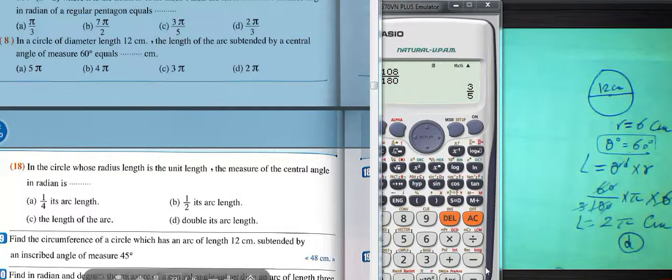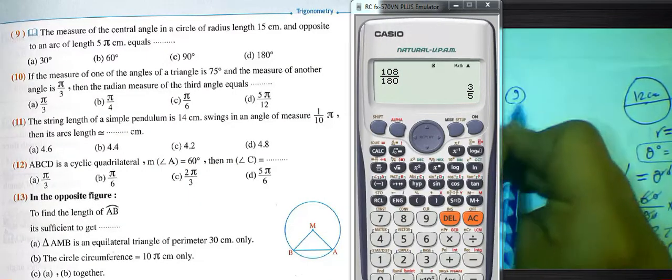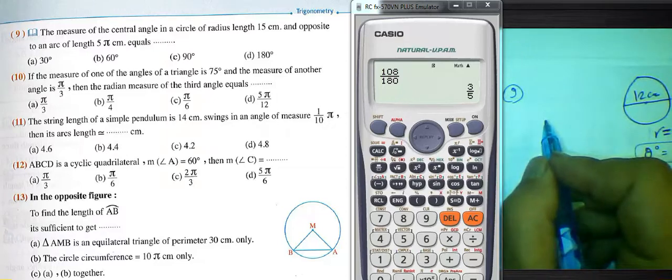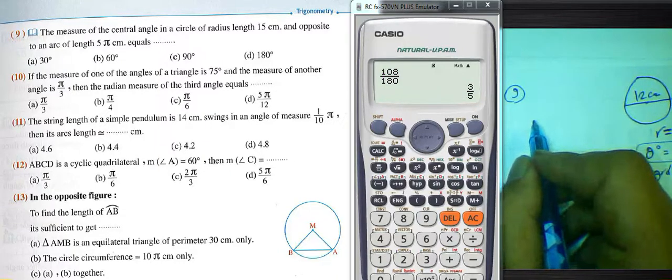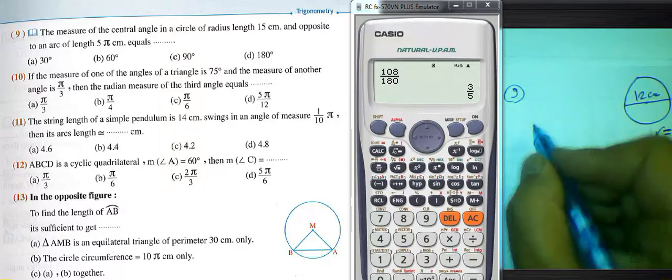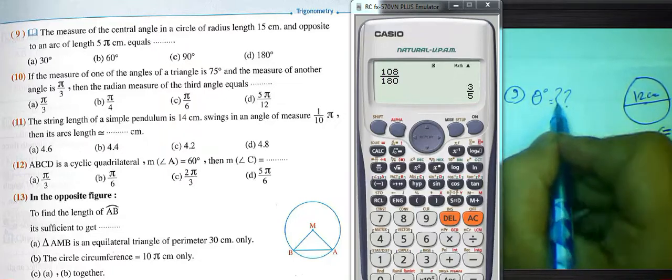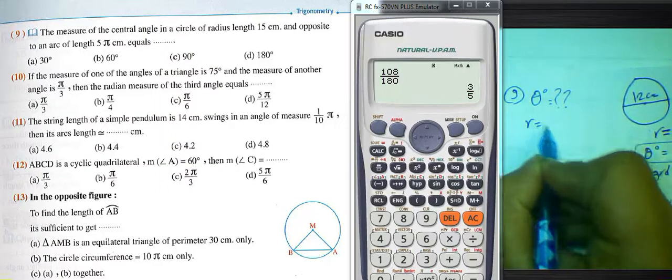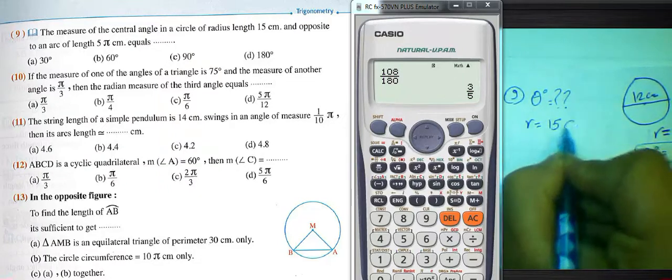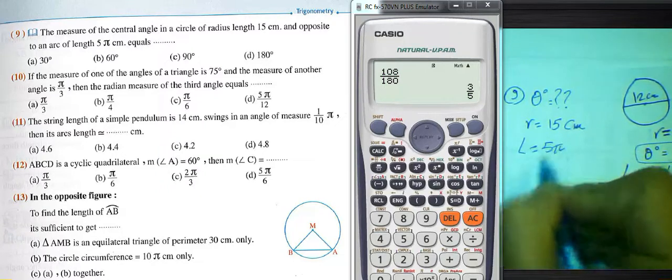Another question, look at here. Question number 9. The measure of the central angle in a circle of radius length 15 centimeter and the opposite arc length 5 pi centimeter equals space.